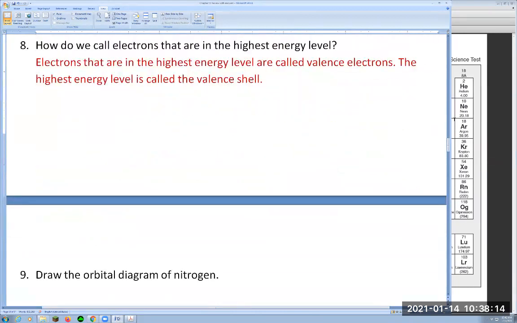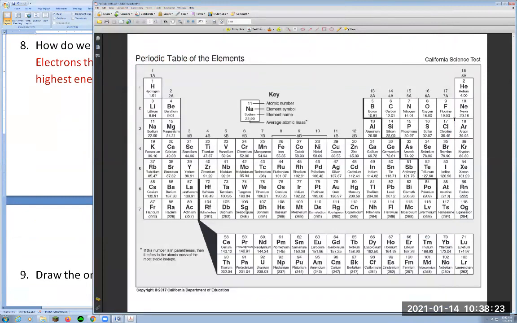And so first you need to know how many electrons there are in the nitrogen atom. So you go to the periodic table, you find nitrogen. Nitrogen is atomic number 7 in group 5A.